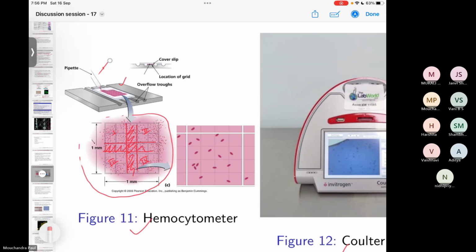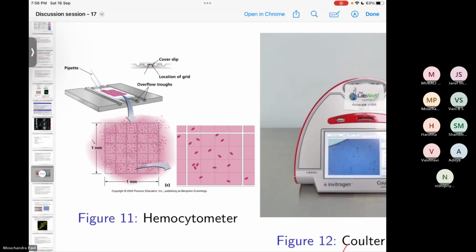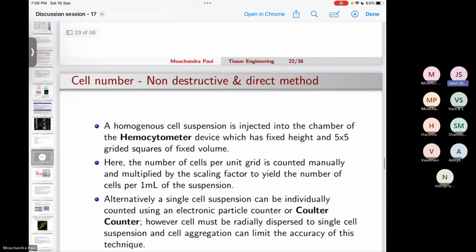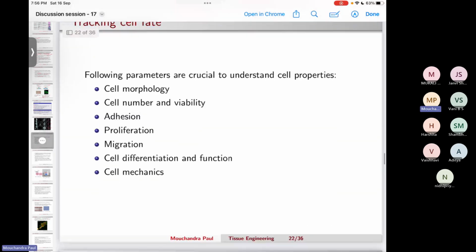Yes, ma'am, it's visible. What was the last slide you saw on the screen? Two slides previous, the black one. So this is the last slide you saw?